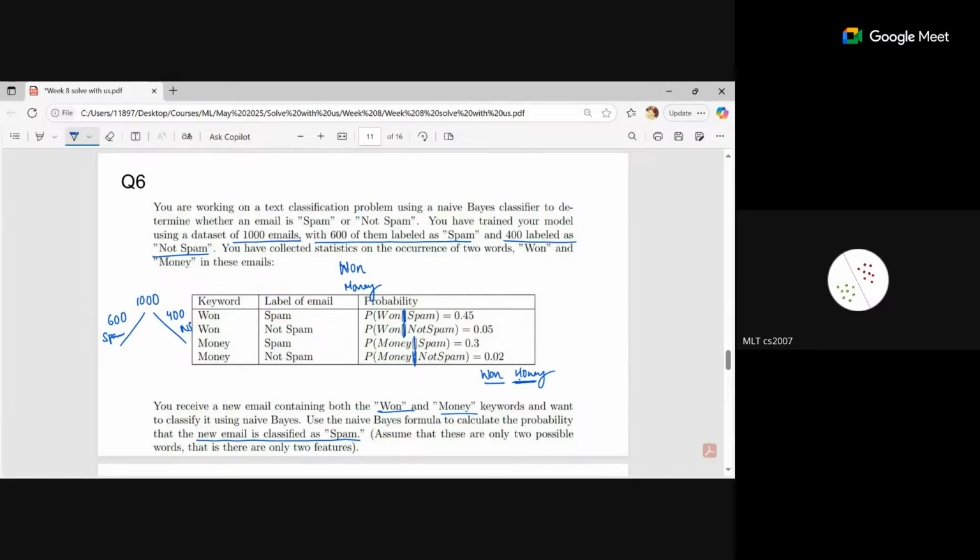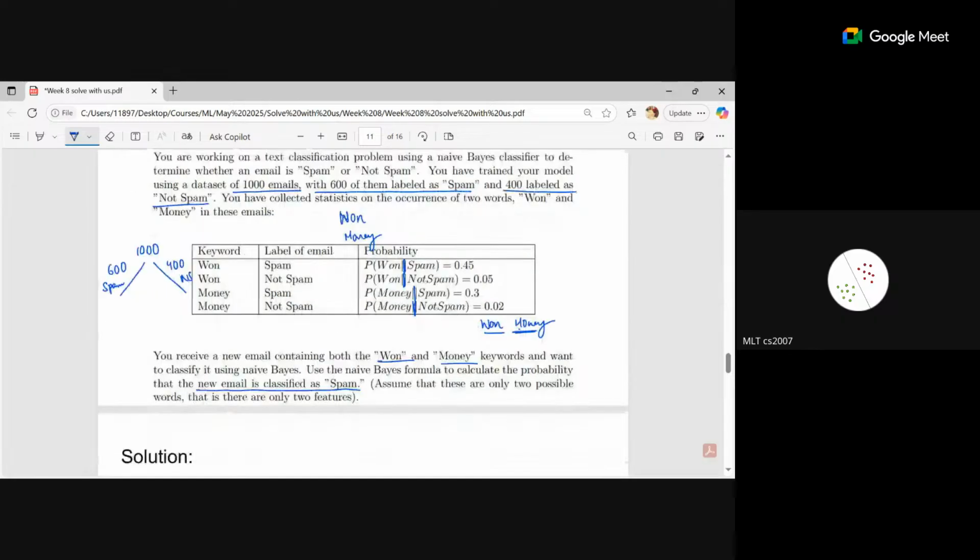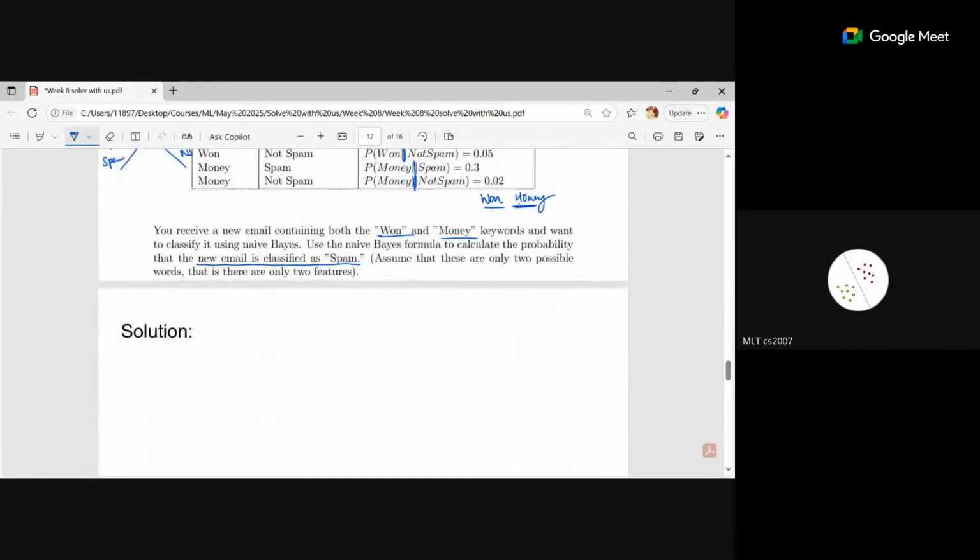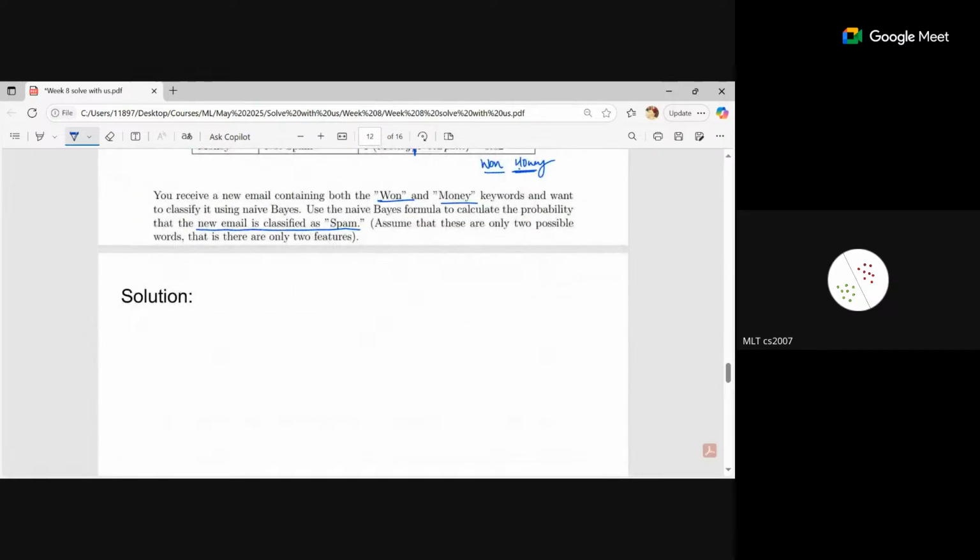So let's see. What we have to find here is the probability that the new email is classified as spam. So what is the probability that y is going to be 1, considering I'm taking spam to be 1 and not spam to be 0.